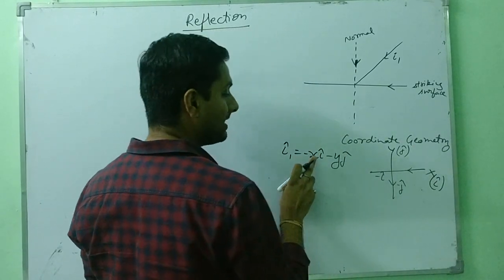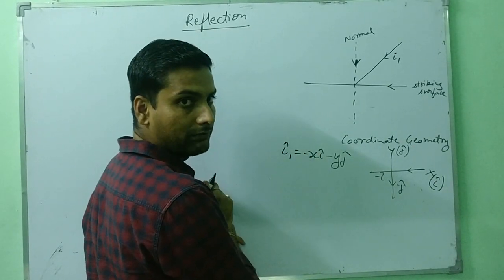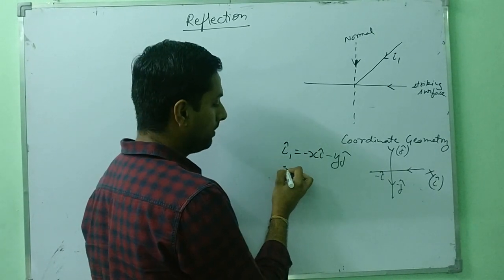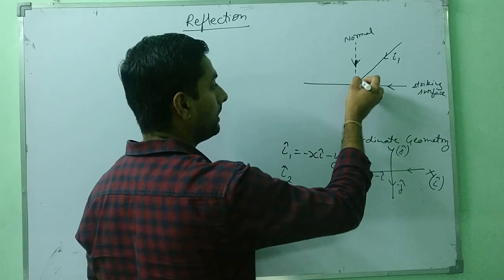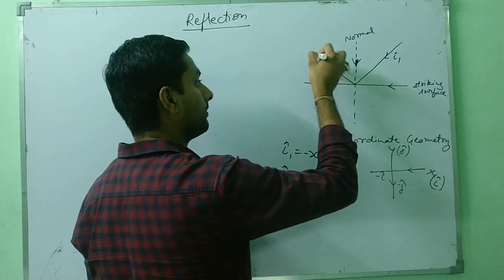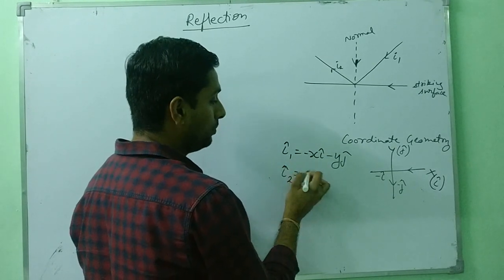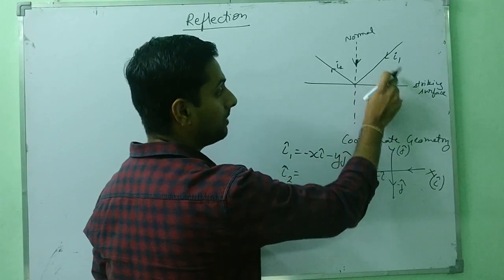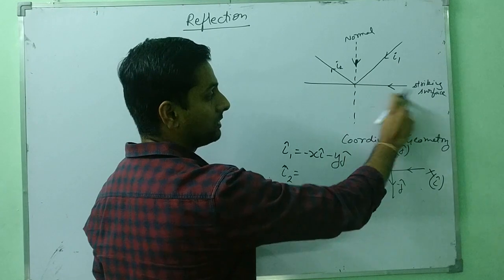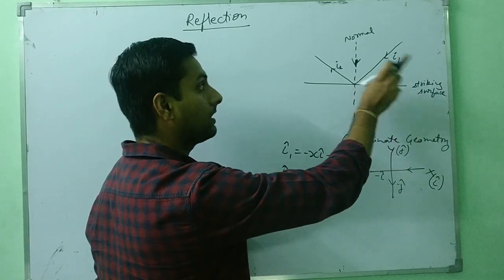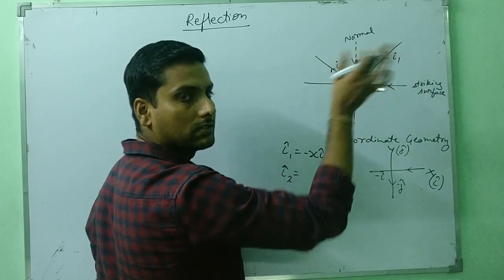Now, if this is the incident ray I1, the I2 ray will be going somewhere like this. This will be I2. The parallel component, the x component, is parallel to the striking surface, so it never changes its direction, while the perpendicular component reverses its direction.